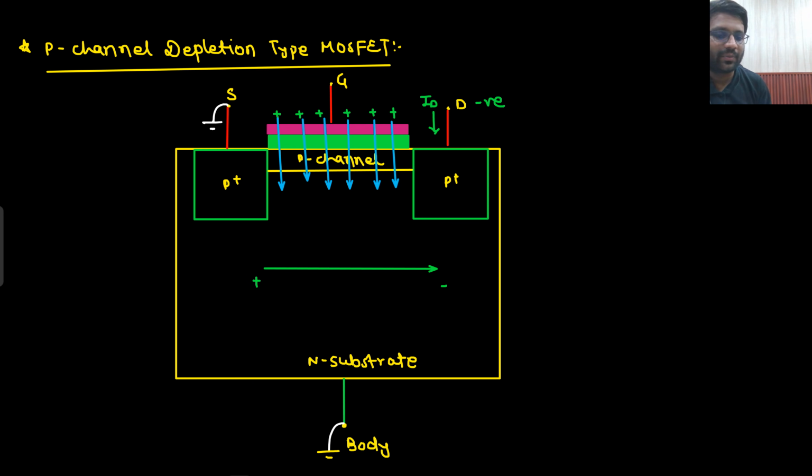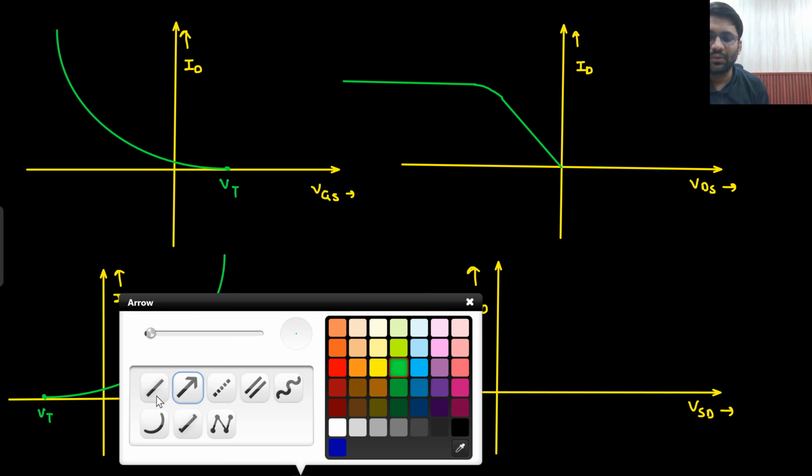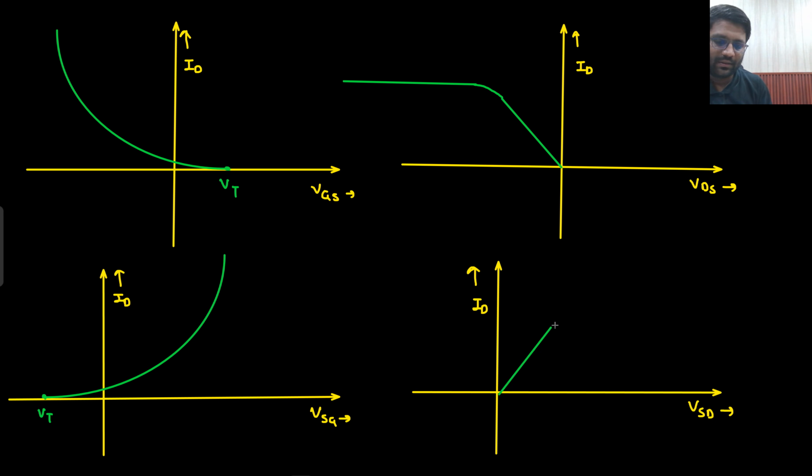That means VDS has to be negative to get the current flow. And VSD would be positive. So these would be the characteristics that you will get. Okay. There you go. It is completed. So enhancement type and depletion type MOSFETs are completed. Basic introduction you have understood.